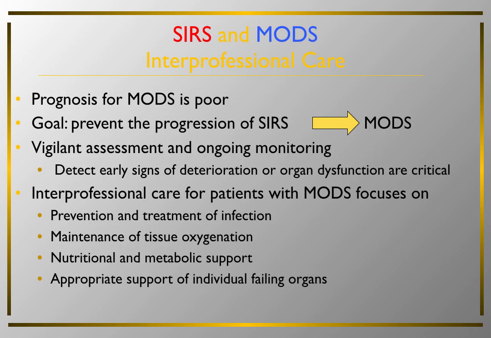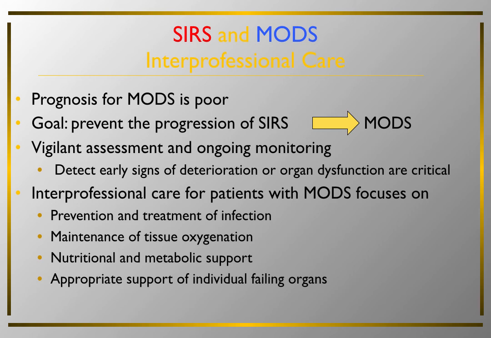So MODS mortality rate is about 70 to 80% when 3 or more organ systems fail. Survival improves with early goal-directed therapy. The most common cause of death continues to be sepsis. Therefore, the most important goal is to prevent that progression of SIRS to MODS.